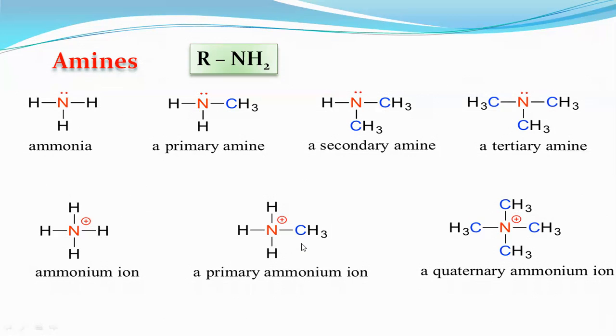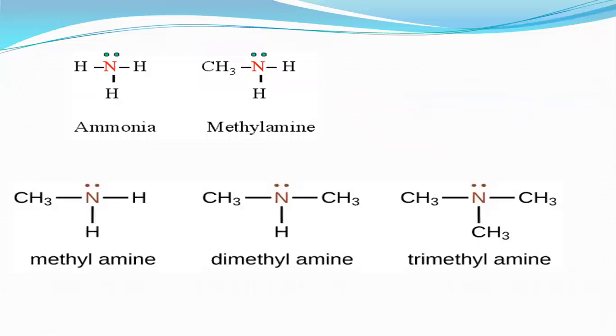Like that, it forms secondary, tertiary, and if all the hydrogens are replaced by alkyl groups, it is referred to as a quaternary ammonium ion. So NH2 is the functional group for the primary amines, RNH2. For secondary, it shows RNHR, and for tertiary, it shows R3N. Okay, so this is for the amines.